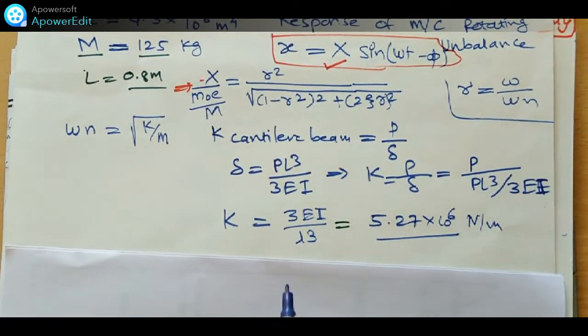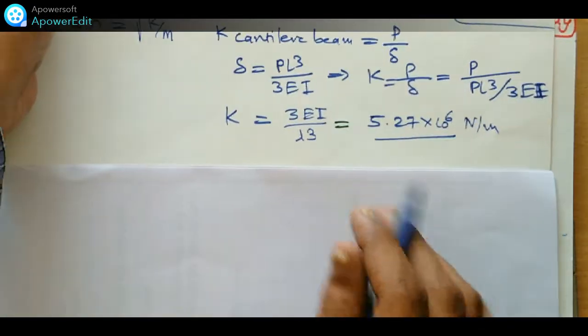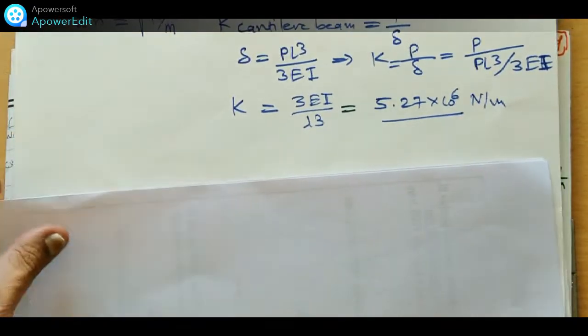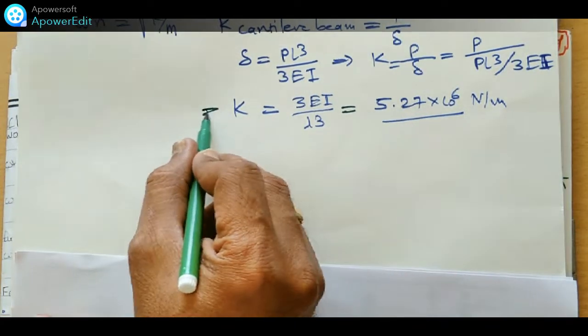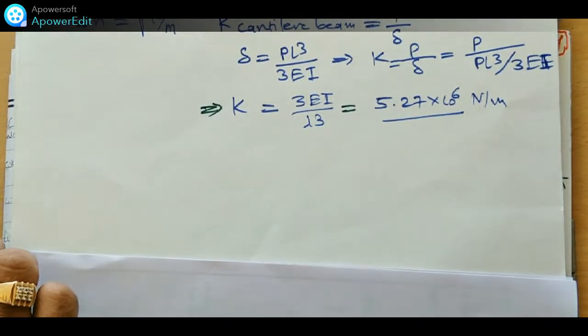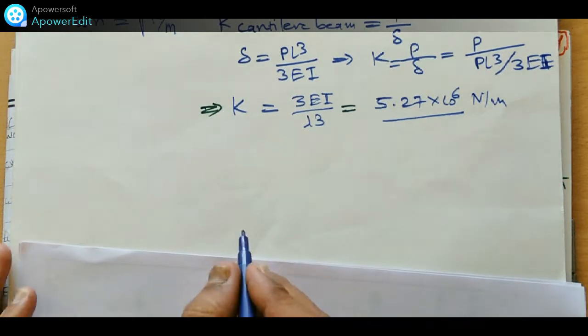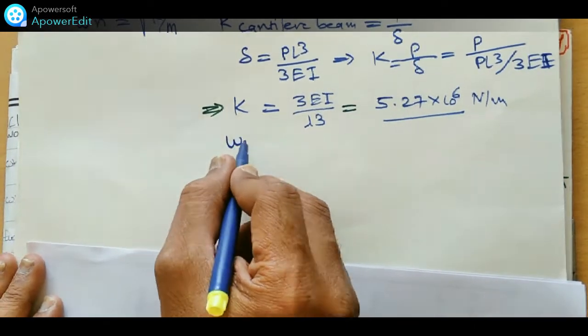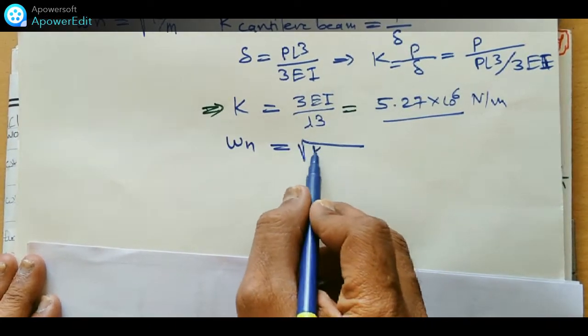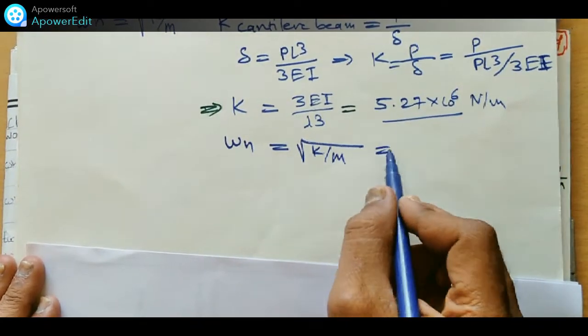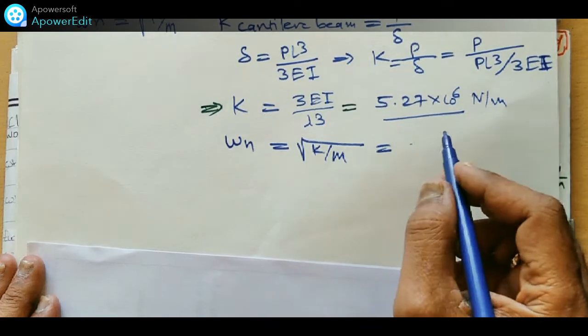Now next step. Once we got the value of K, we can find out the value of omega n. Omega n we have to find out, omega we have already calculated. Omega n we can find out by using the under root of K by m. We know the value of K, we know the value of m.